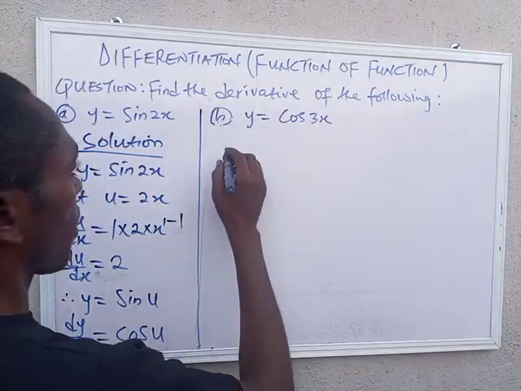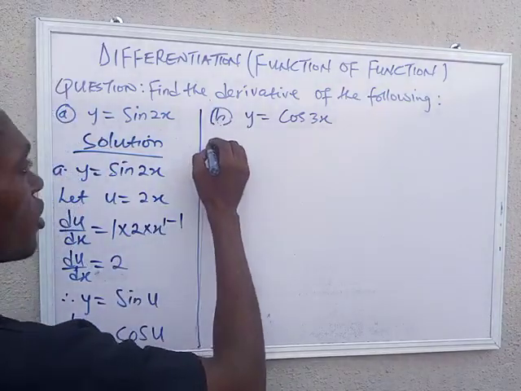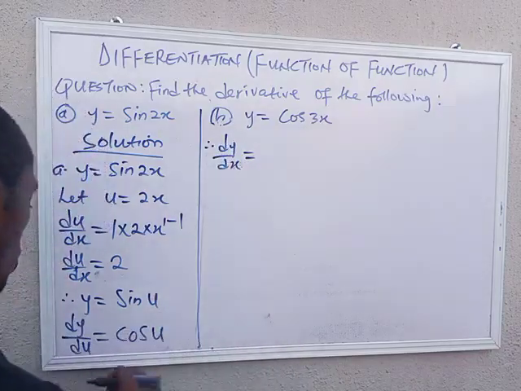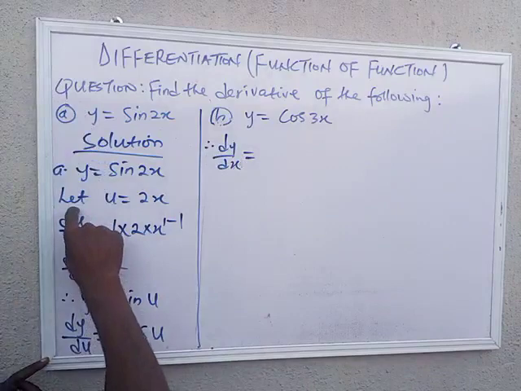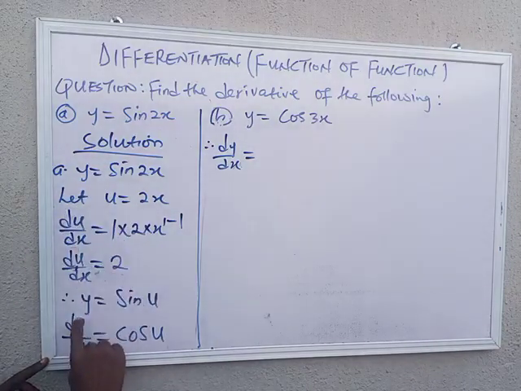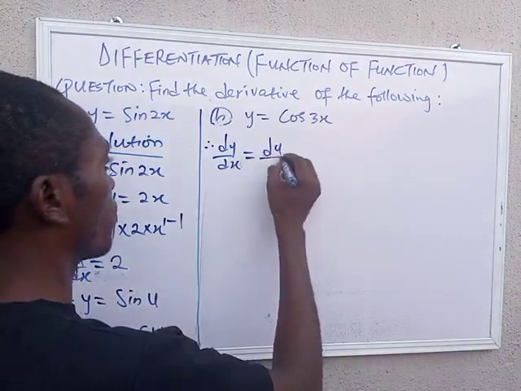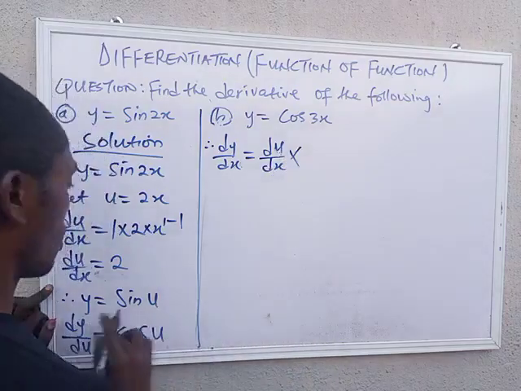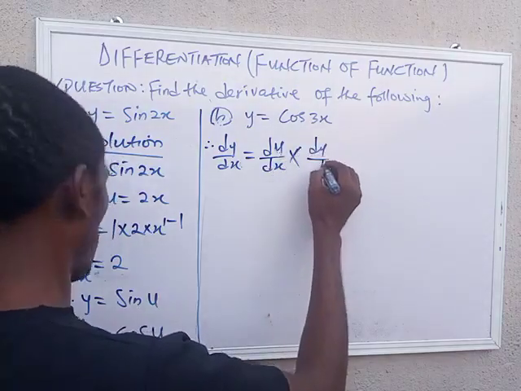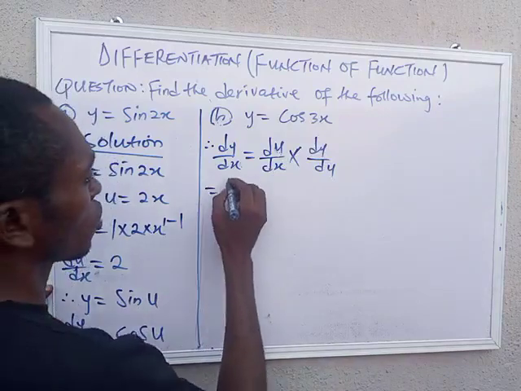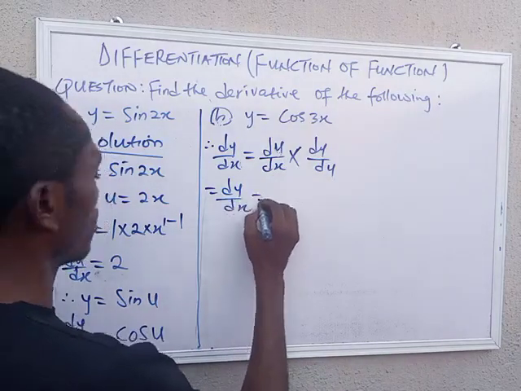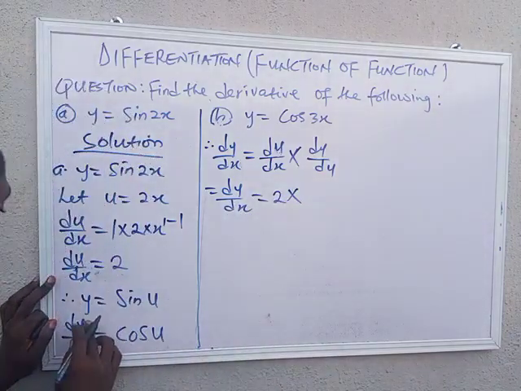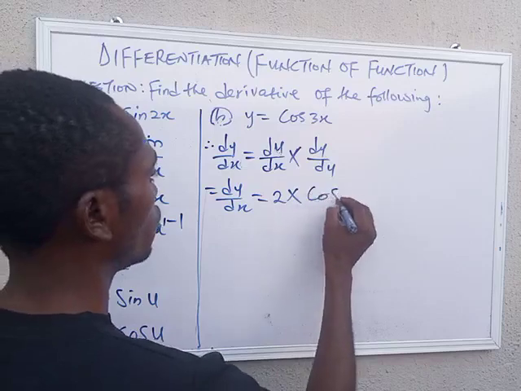After doing this, we're now going to say therefore dy dx is equal to du dx times dy du. So dy over dx equals, what's the answer to this one? du dx is the same thing as 2, and dy du is the same thing as cos u.